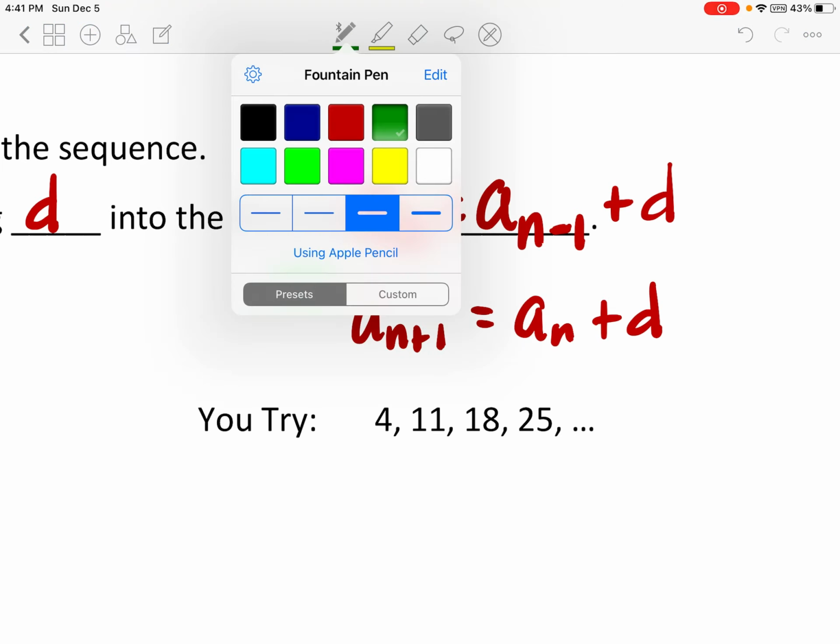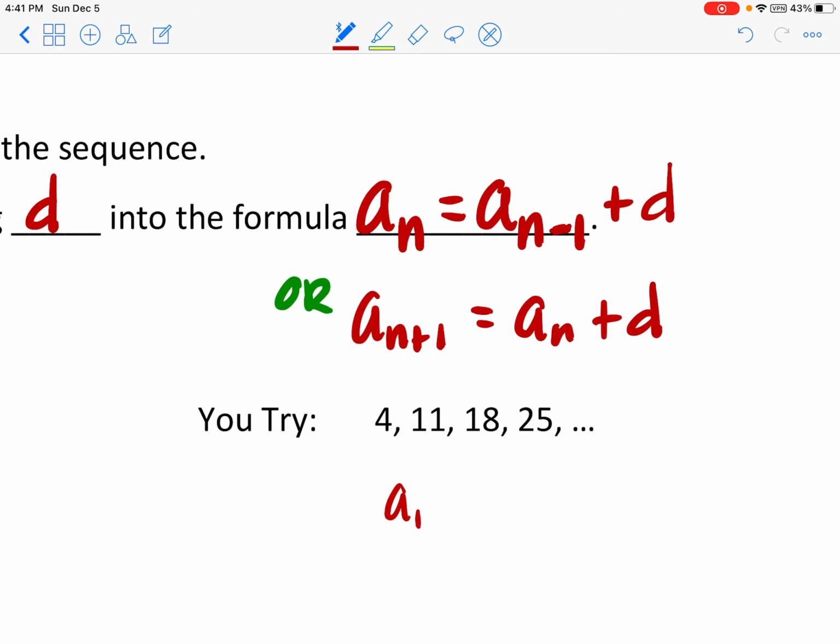Again, if you feel confident here, pause the video and see if you can do this. So this list is starting at 4, and then any term on this list we can take by taking our previous term, a sub n minus 1, and then this time we said we were adding 7. So d is going to be positive 7, and so we're just going to add 7.